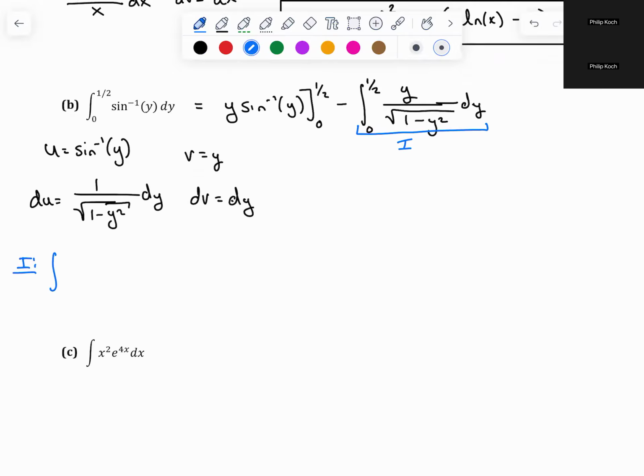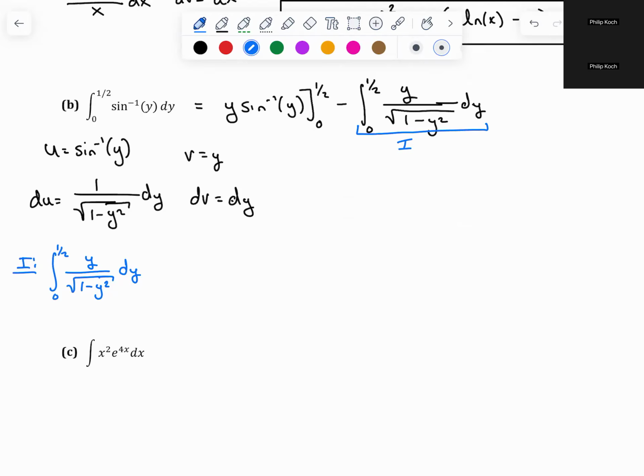The integral from 0 to 1/2 of y over the square root of 1 minus y squared dy. That way, I can take care of this and then bring it back in when I need it. But if you feel confident doing it all at once, be my guest. You're better than me.